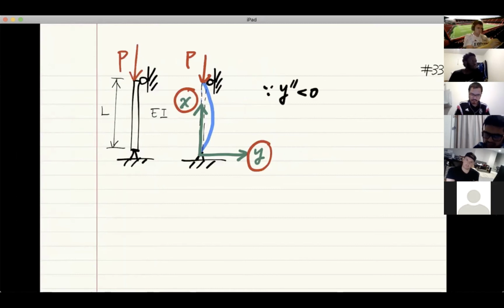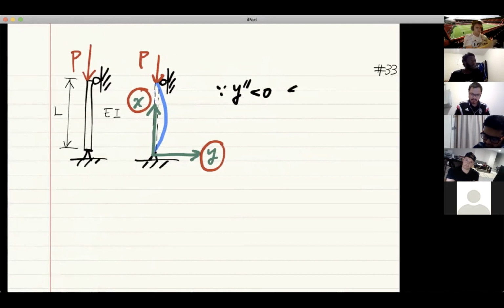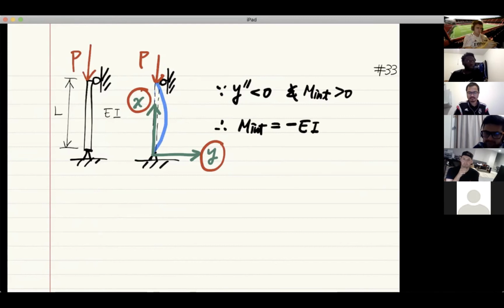And the internal moment is positive, M internal is greater than 0. So the only way to make these two work together is to say that M internal equals negative EI of y double prime. But mathematically, this is actually EI times negative y double prime.